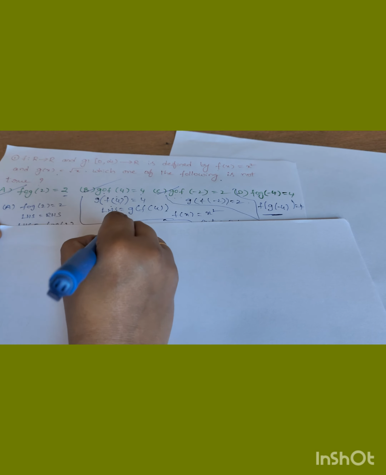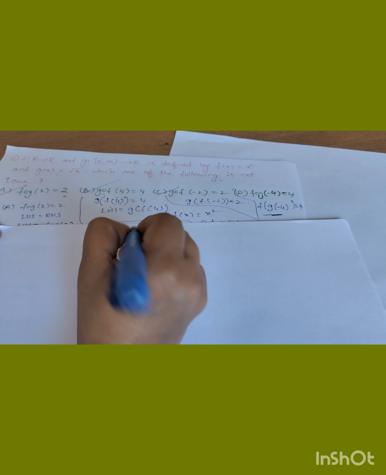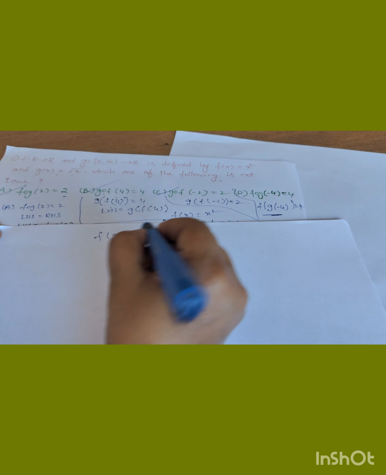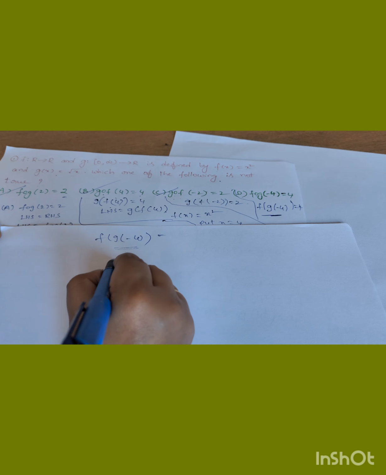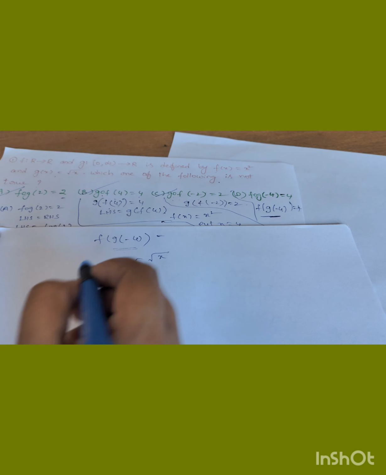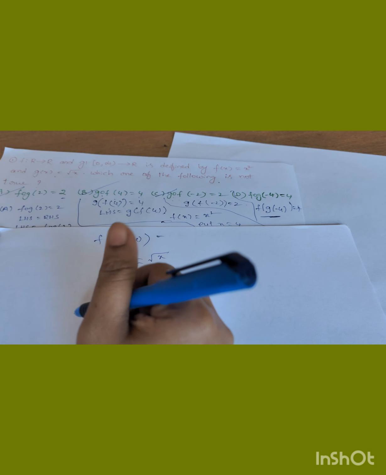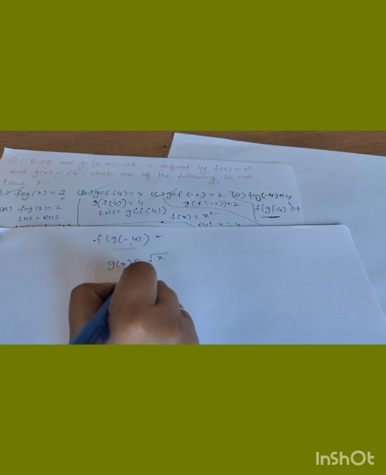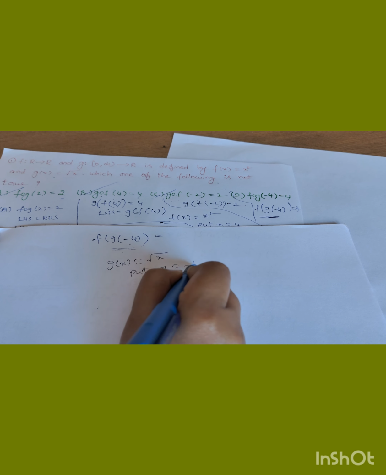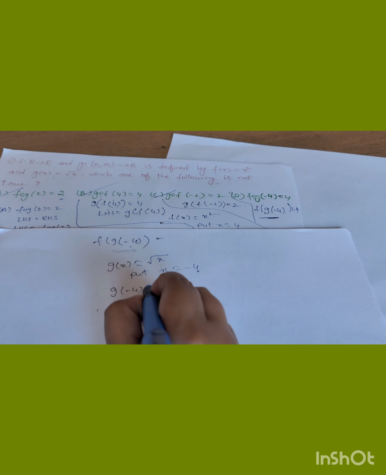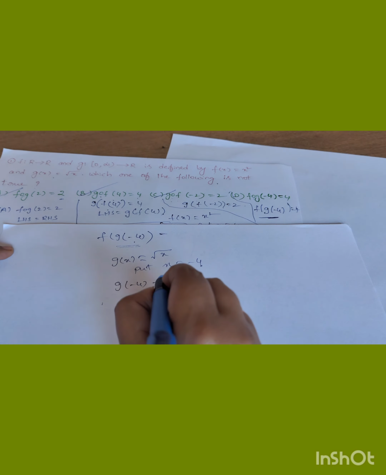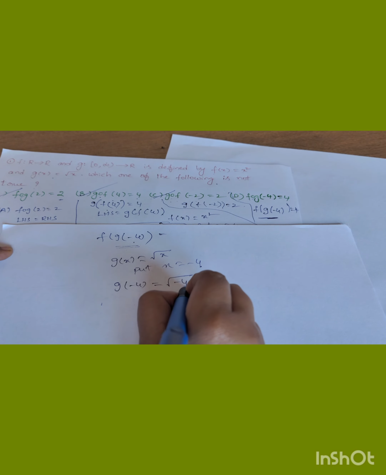LHS is f of g of minus 4. First we need to find this g of minus 4. We know g of x in the question is root x. So put x is equal to minus 4. So g of minus 4 is equal to root minus 4.